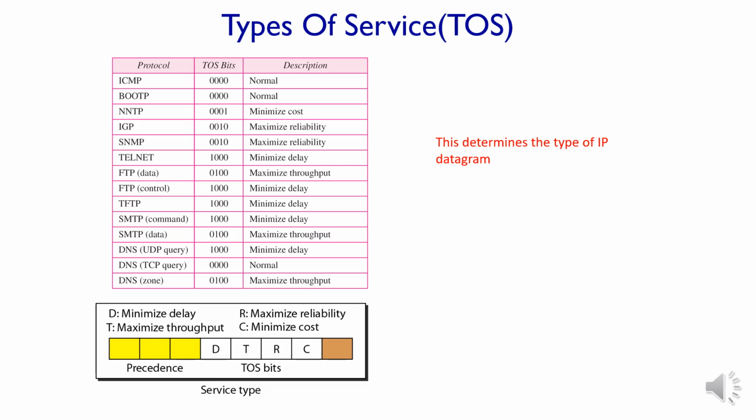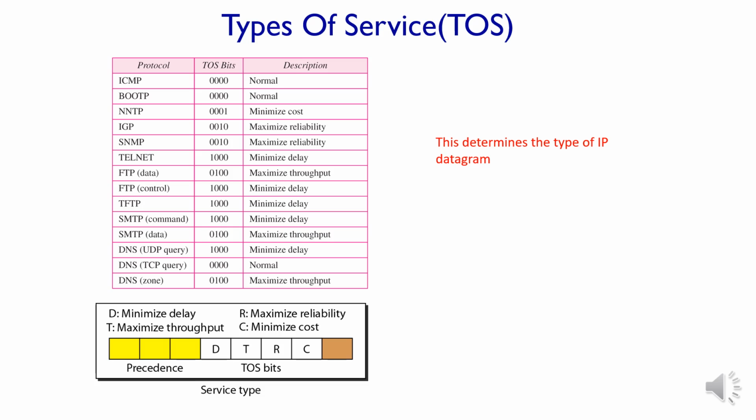The TOS is a 4-bit field which can take various values depending on the nature of the datagram. The 4 bits can take different values like D, T, R, and C. D for minimum delay, T for maximizing the throughput, R for maximizing the reliability, and C for minimizing the cost.